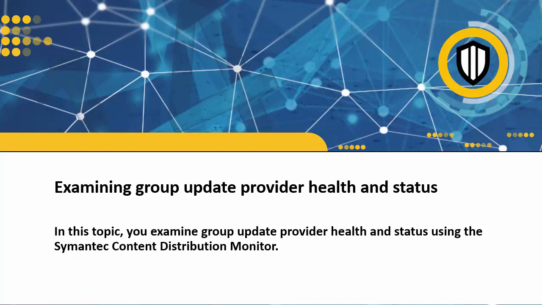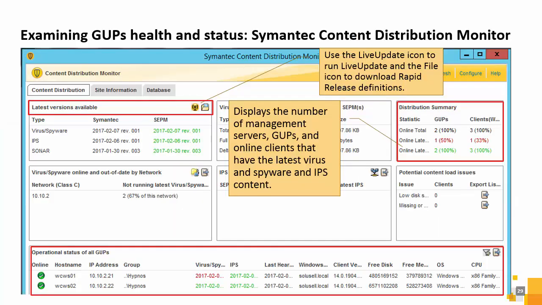This is the Examining Group Update Provider Health and Status topic. You can use the Symantec Content Distribution Monitor tool to examine Group Update Provider health and status. The Symantec Content Distribution Monitor tool also monitors overall content deployment.